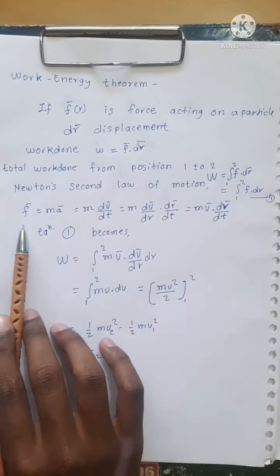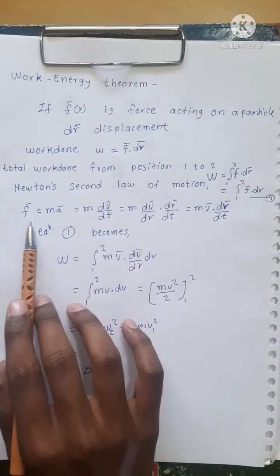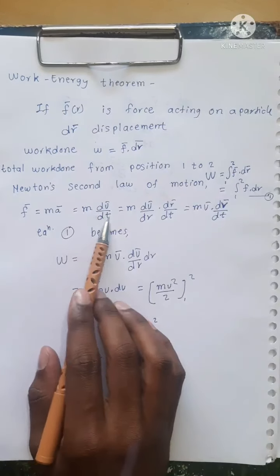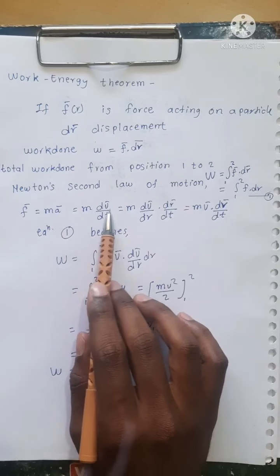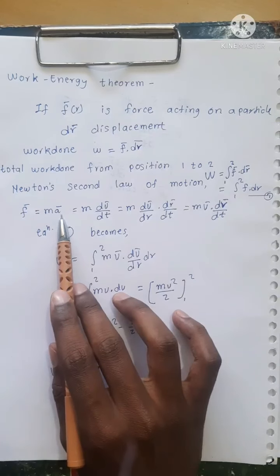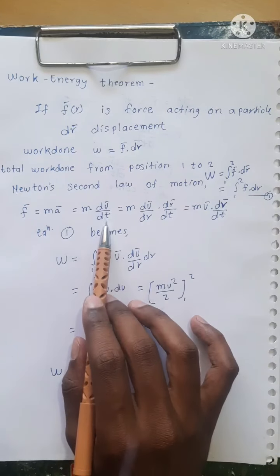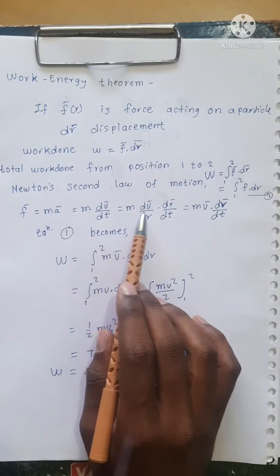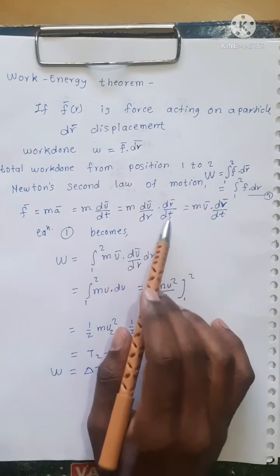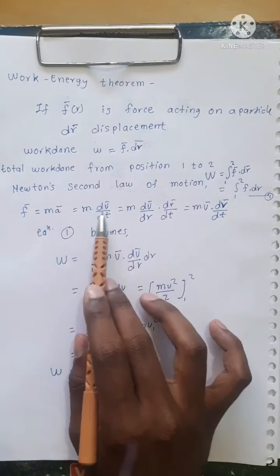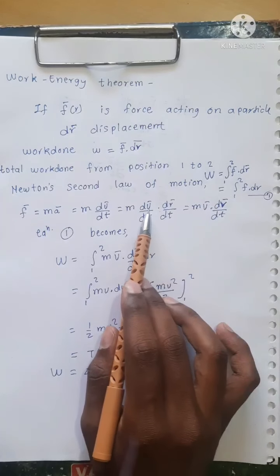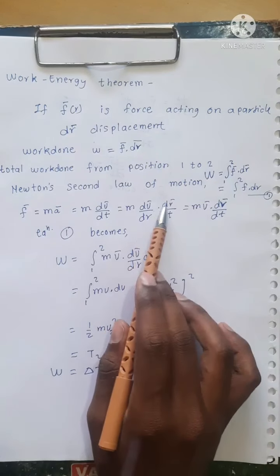Now according to Newton's second law of motion, we know force is mass times acceleration. Acceleration is nothing but the rate of change of velocity with respect to time, so it will be mass into dv by dr into dr by dt. We can write the equation like this because we need this quantity.